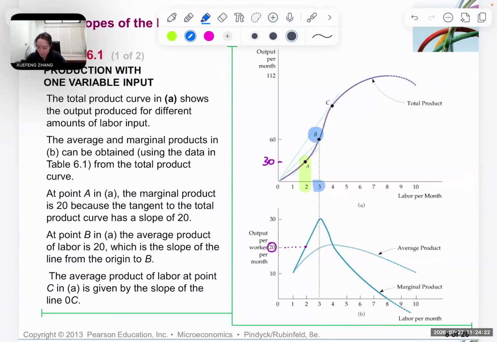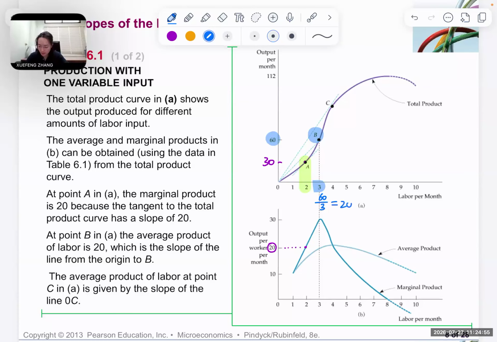We have 3 workers, and the total output is 60. And here, the line from the origin to point B has slope 60/3, the total output over workers, equal 20.